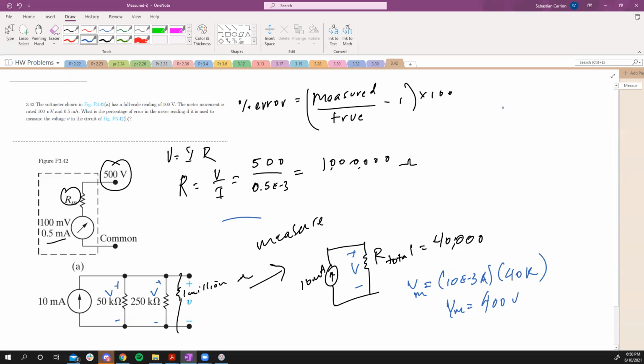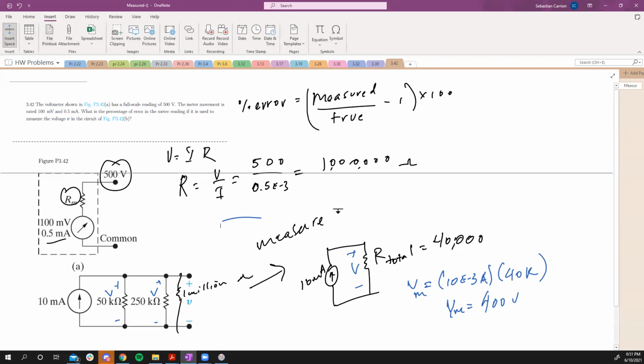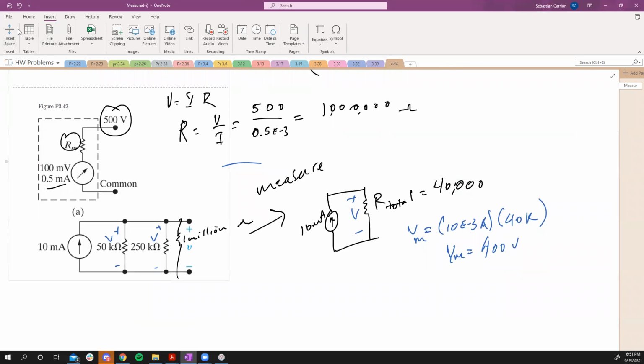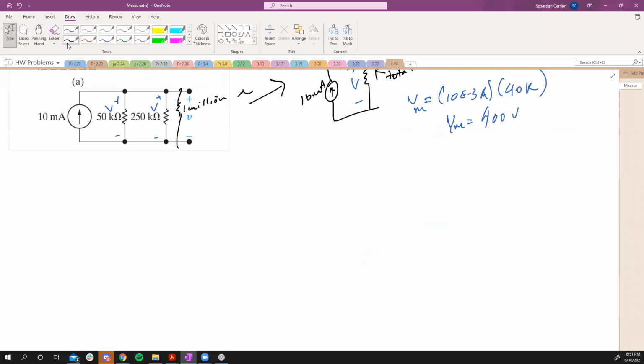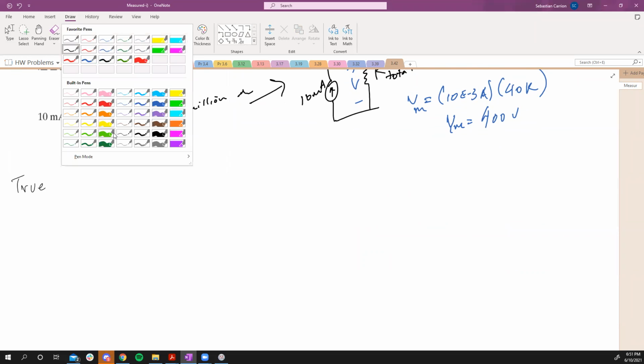But if we don't account for this, which I'm going to make more space for, this would be our true value.